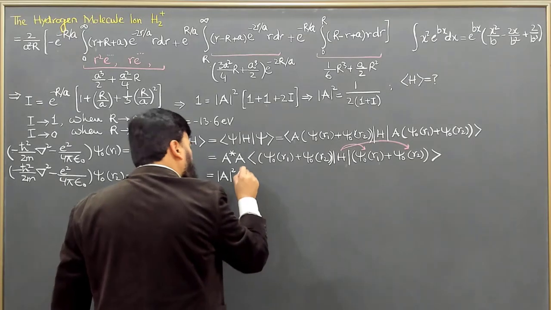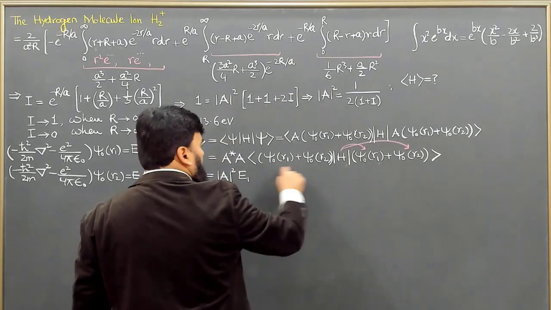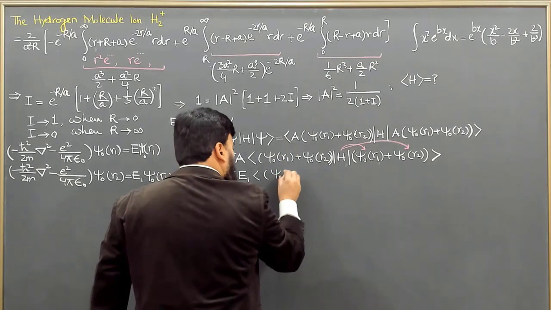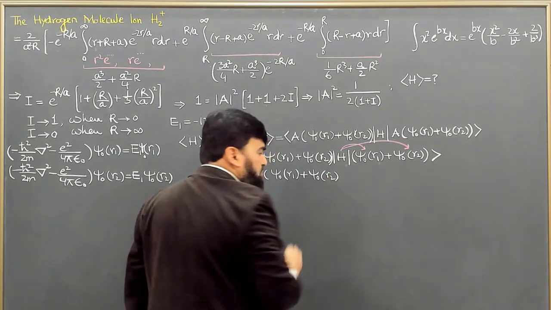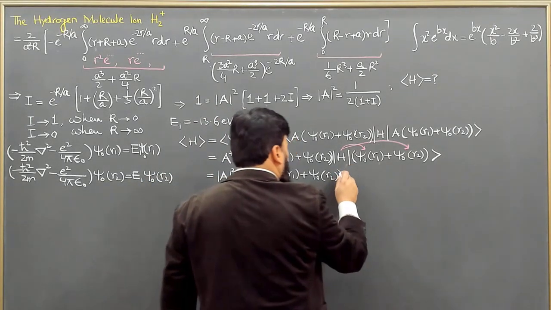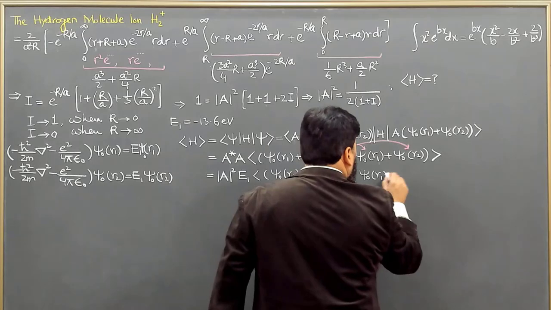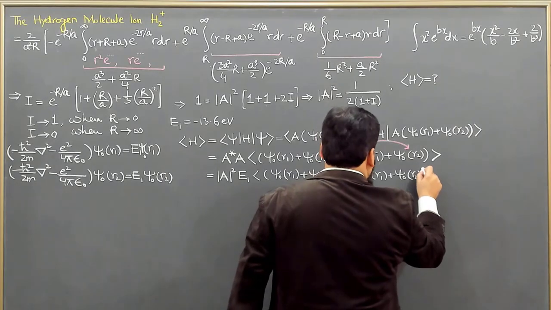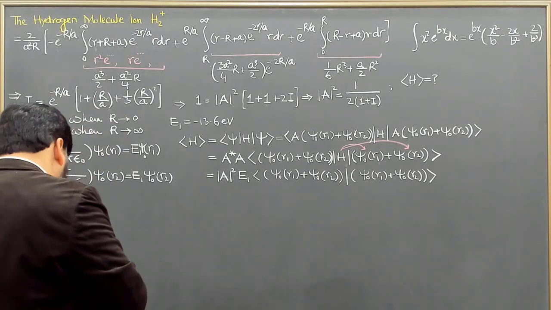So we have E1 common, and then I will write the rest of the equation: psi naught R1 plus psi naught R2, multiplied with psi naught R1 plus psi naught R2. So the H has done its part with this.